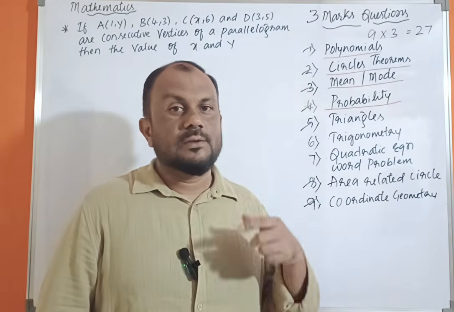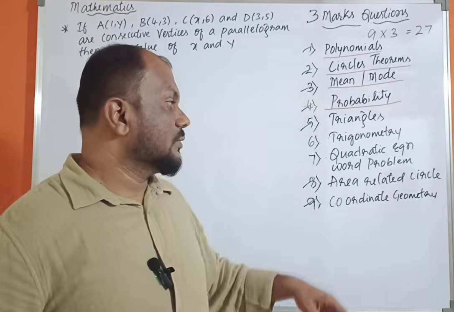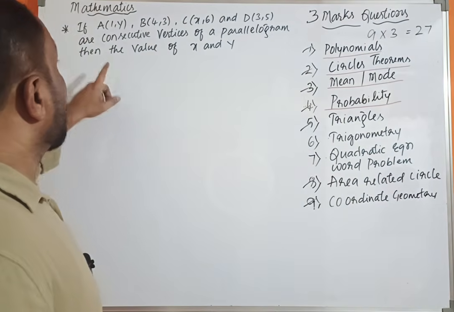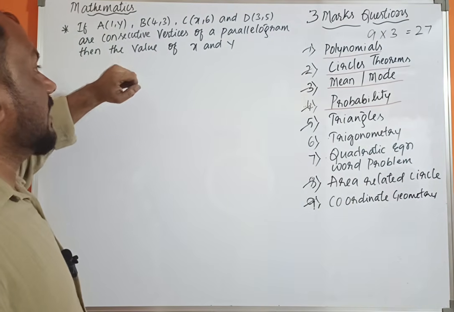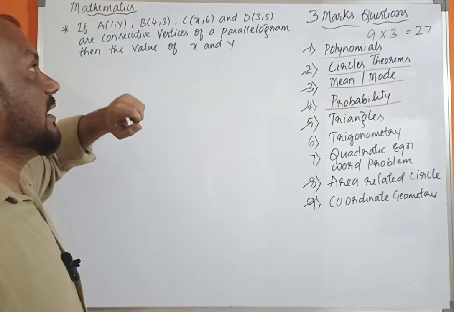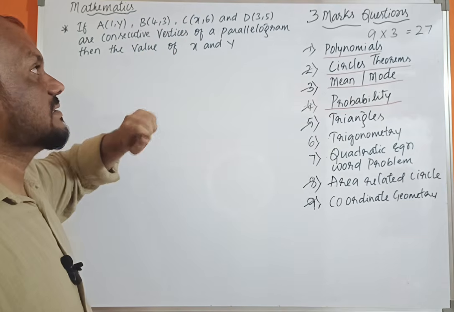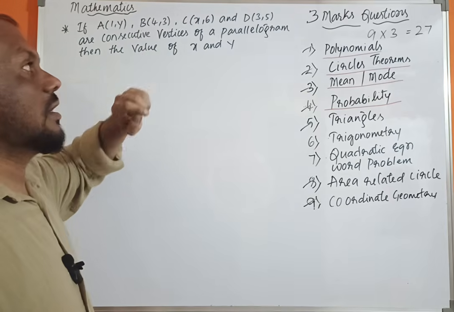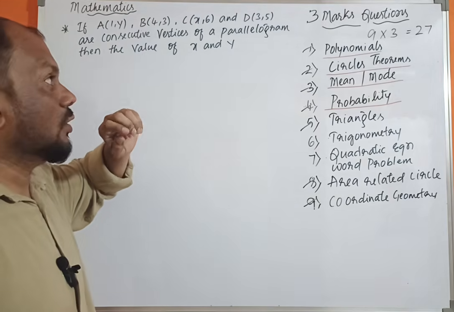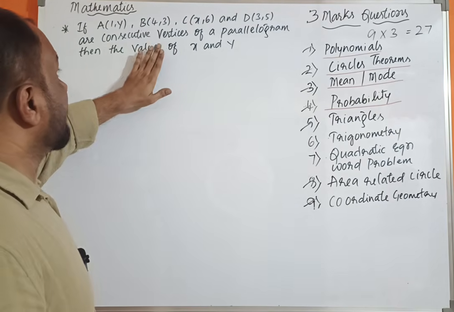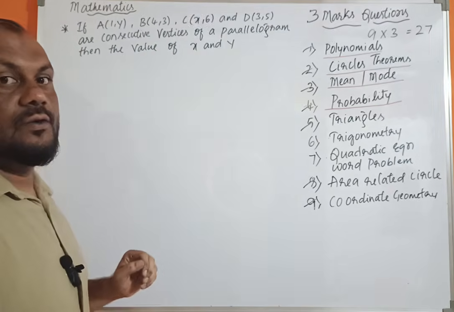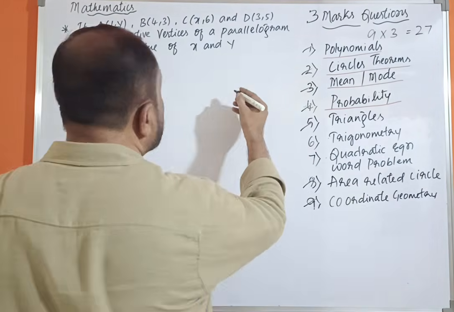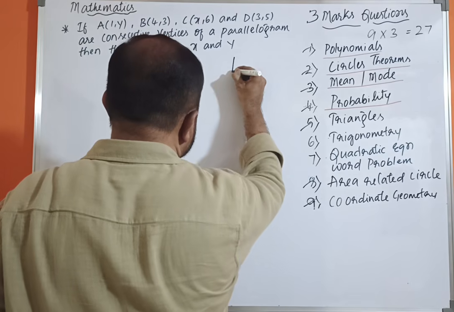Let us practice one more sum which is related to coordinate geometry. So here you can see A(1, y), B(4, 3), C(x, 6) and D(3, 5) are consecutive vertices of a parallelogram. Then find the value of x and y. So here ABCD is a parallelogram.